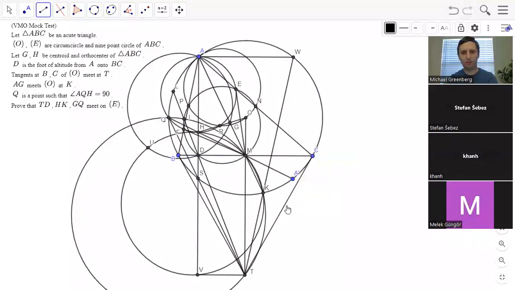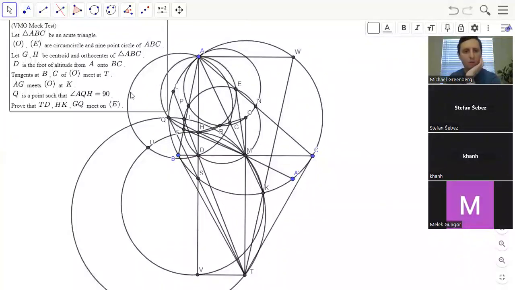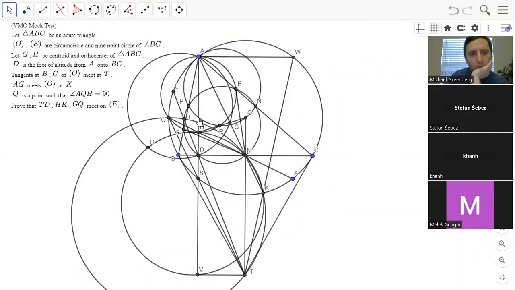And AWA prime S is a rectangle. AW is tangent to this circle. So maybe we should define I to be the intersection of these two circles, and then we could show that... No, I don't like that.